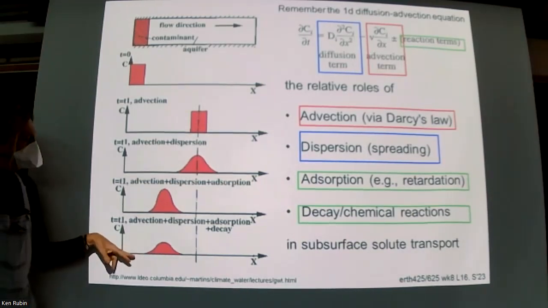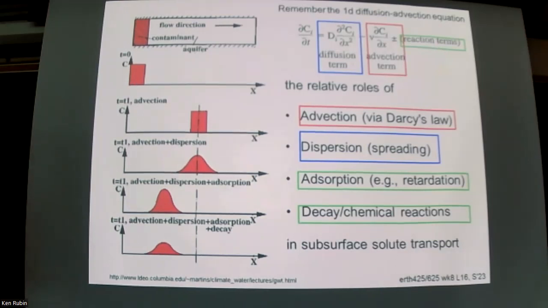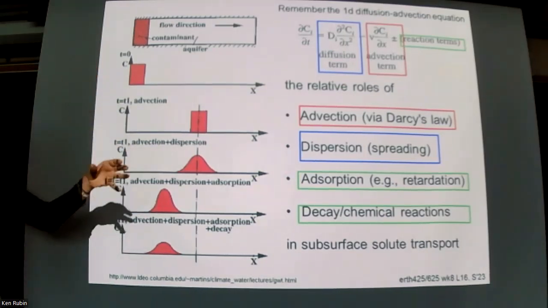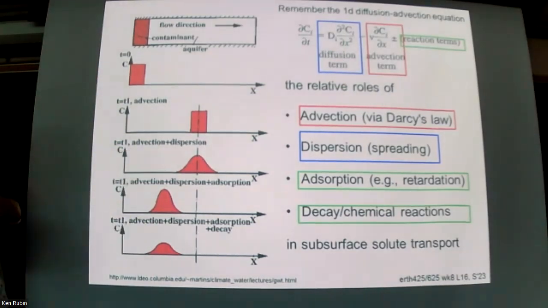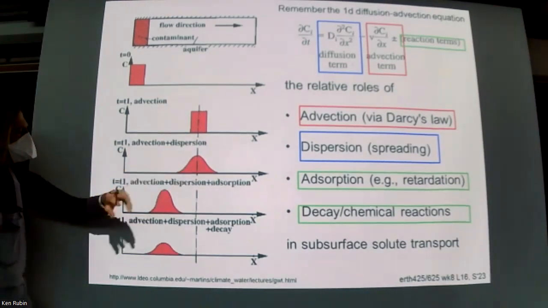So then, by comparing the characteristics of all sorts of different chemicals in the subsurface, and usually this isn't defined by just taking an injection well and one well. There'll be an injection well and a whole bunch of wells. And then we can try to figure out, well, where's the peak concentration of each of our chemicals? How dispersed do they look?